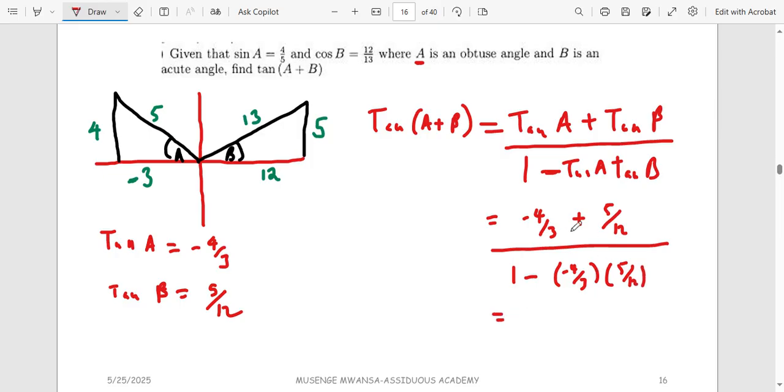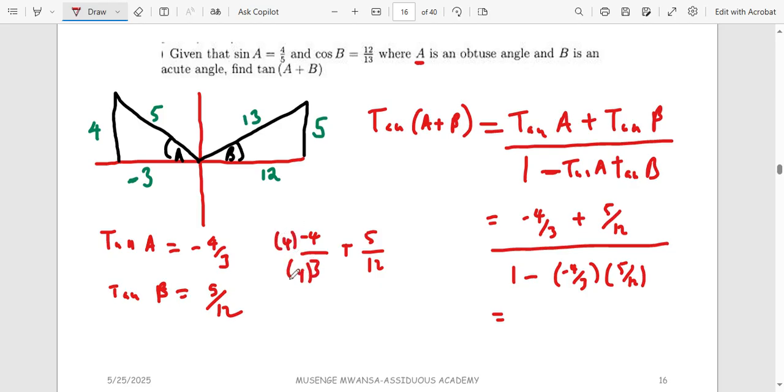So this will give us now negative 4 over, look at this. What we are trying to add is negative 4 over 3 plus 5 over 12. The way you easily add fractions is to make the denominators the same. How can I make 3 into 12? I multiply by 4, but also multiply on top by 4.